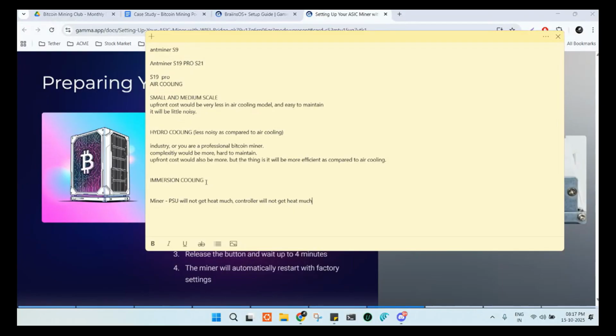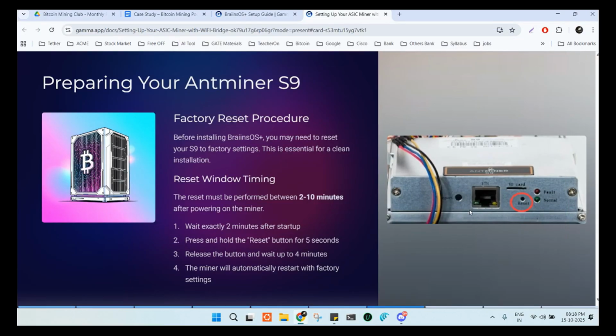You have to take care of the ASICs, because ASICs are the ones doing all those operations and calculations, and sometimes the ASIC temperature will go very, very high. So to cool these ASICs, you have to use either the air cooling method, or hydro cooling, or immersion cooling. Okay. So here this is the S9 which we are talking about.